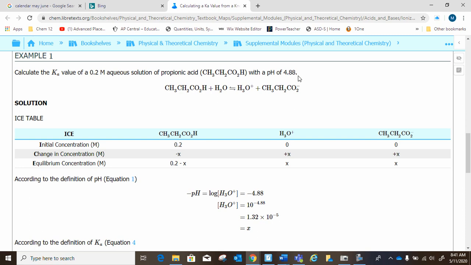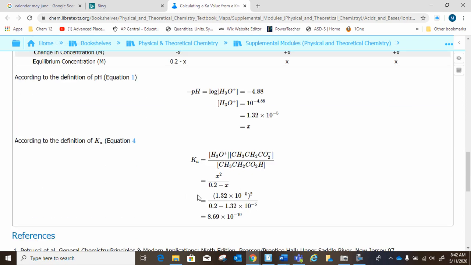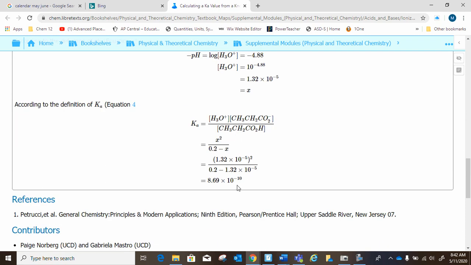If you have a pH of 4.88, I'm hoping that you realize you also have your hydrogen ion concentration. Because all they did was take 10 to the negative 4.88, and there's where they got the hydrogen ion concentration. Okay, you have your concentration of acid, 0.2, and so it's simply a matter of plugging in the values.